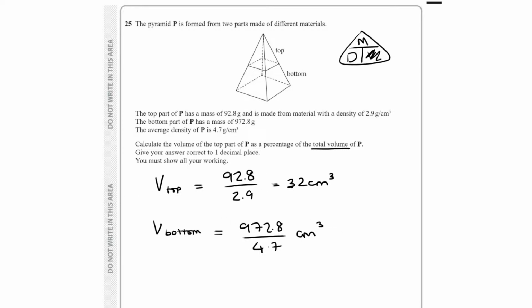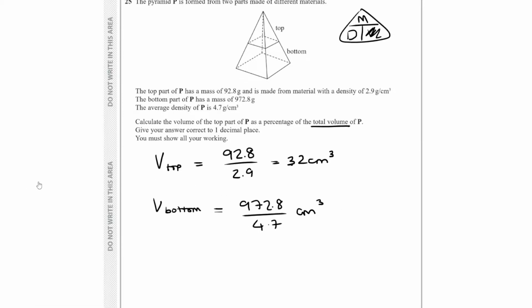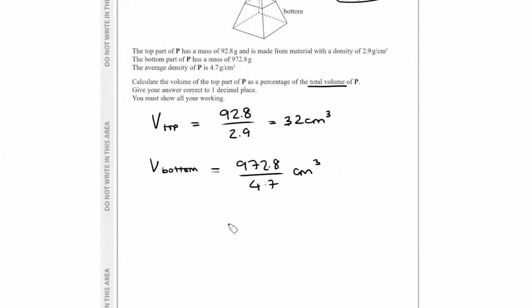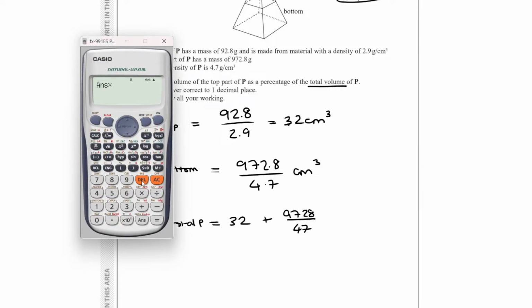So then I could work out the total volume just by adding those. So volume of the total shape is 32 plus this other one, which I'll just do on my calculator. I'm just trying not to round it too soon. That's why I'm keeping it as a fraction. So then again, that's a really horrible number, isn't it? So we'll just leave that. What's that?